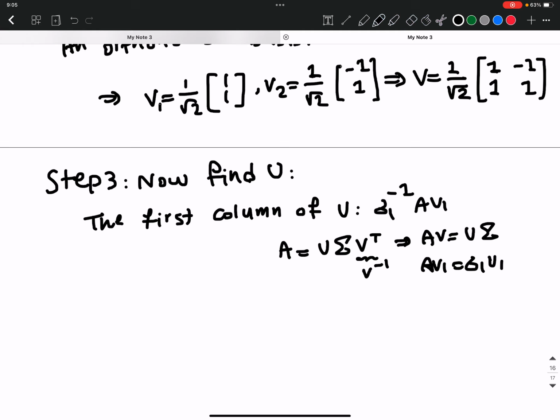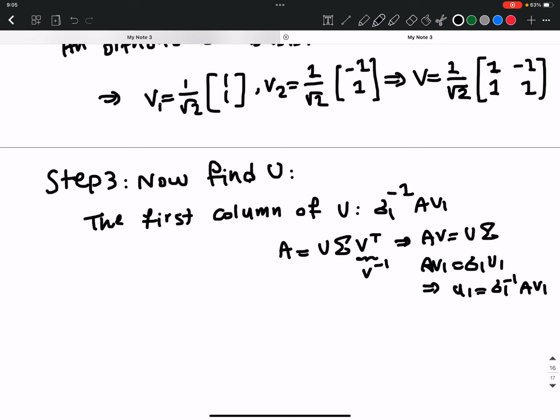So this will give me U1. You just need to multiply it by sigma 1 to the minus 1. Then you will get this U1, okay? So this is how we find U, column by column in this example.